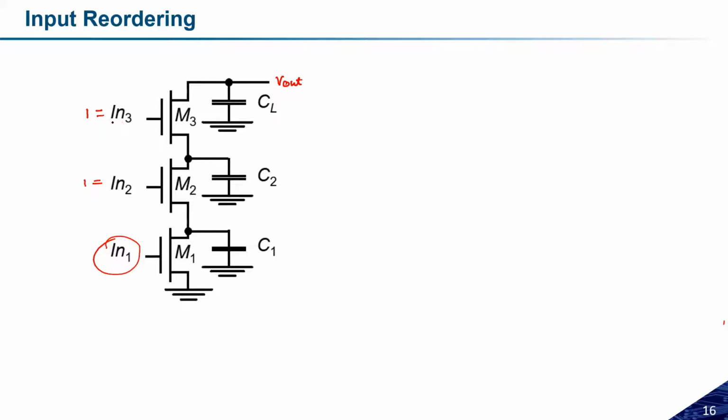Let us consider IN2 and IN3 are kept at logic high. What it means, M2 and M3 are in on state. Now the whole responsibility goes to IN1 to change the logic at output voltage.